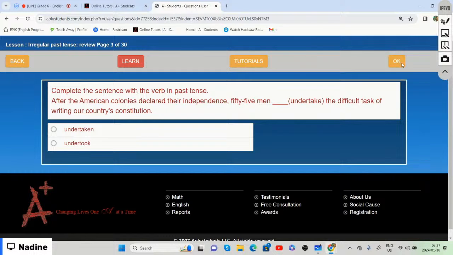So we need to complete the sentence with the verb in the past tense. After the American colonies declared their independence, 55 men, do we say undertaken or undertook the difficult task of writing our country's constitution?